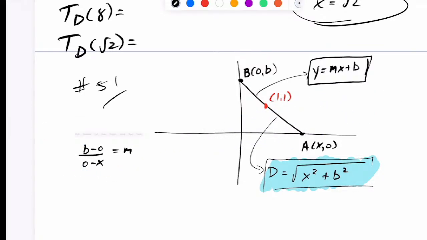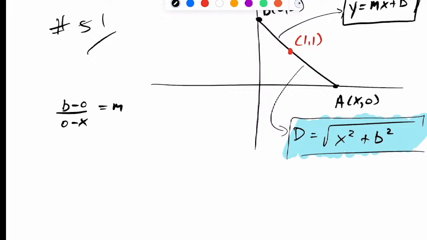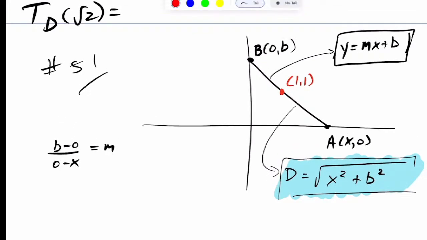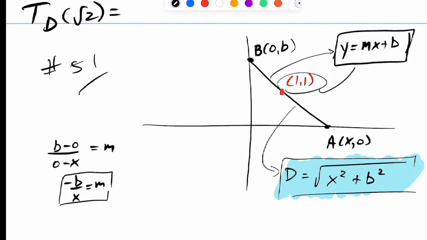I know change in y over change in x, y2 minus y1 over x2 minus x1, is equal to m, my slope. So I know that negative b over x equals m. And I also know that 1, 1 is a point on the line, so I can sub this point into the equation. I know that 1 equals m plus b.